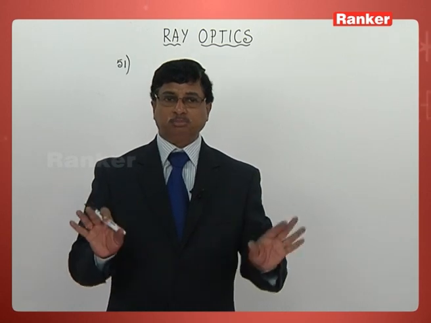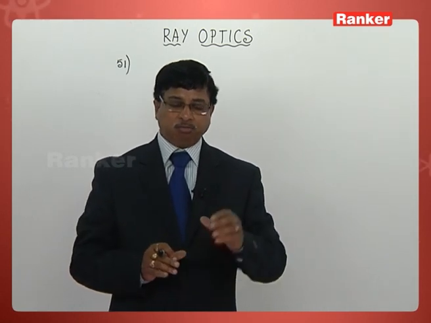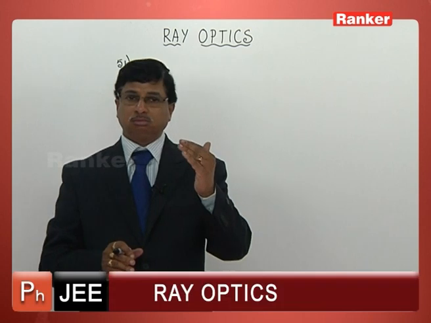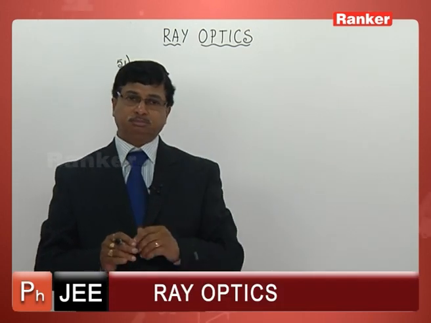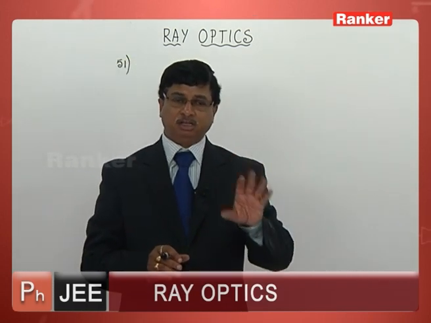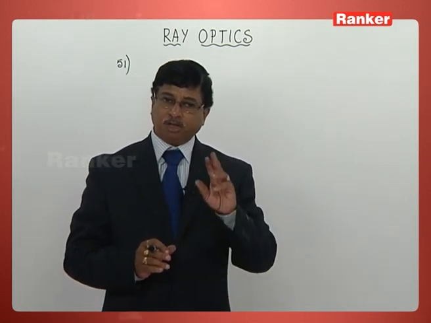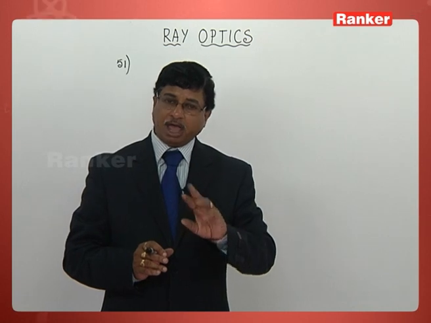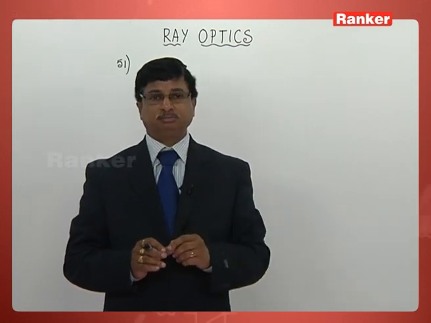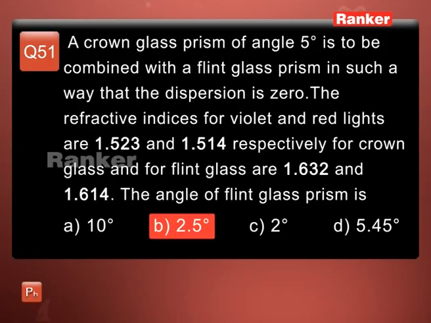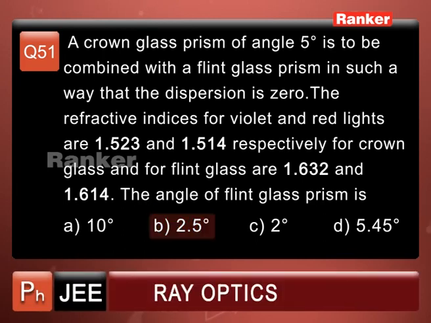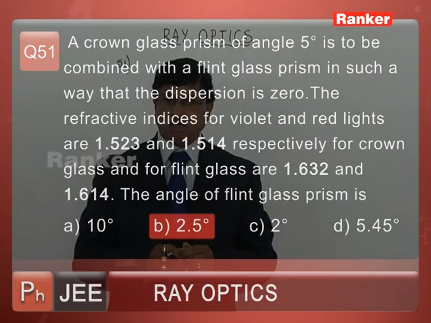Dispersion should be 0. Whenever light, particularly white light, enters a glass prism, you will find dispersion as well as deviation in the system. White light splits into 7 constituent colors, which we know as VIBGYOR.